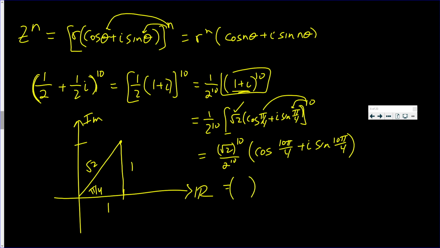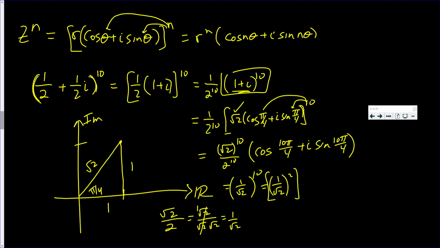Now everything's being raised to the 10th power. The square root of 2 over 2, well, 2 is square root of 2 times square root of 2. That cancels out to 1. You get 1 over square root of 2. And if you square it and then raise it to the 5th, I want to square it because then I get a half. 1/2 to the 5th is 1/32.